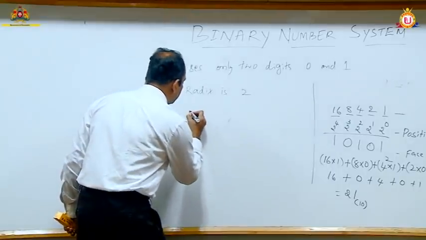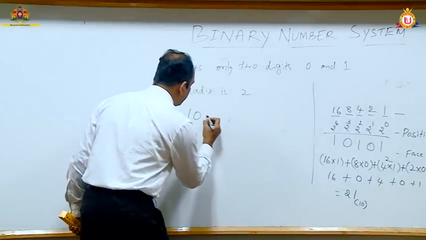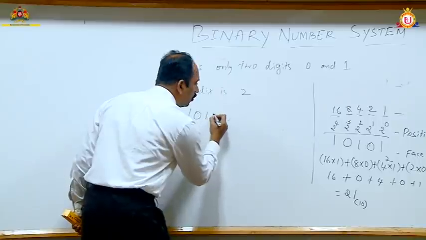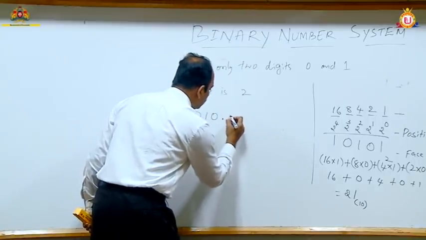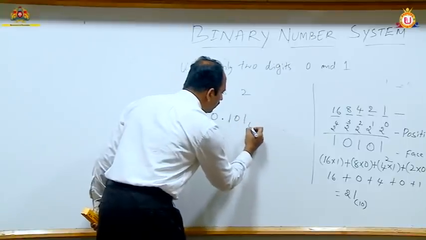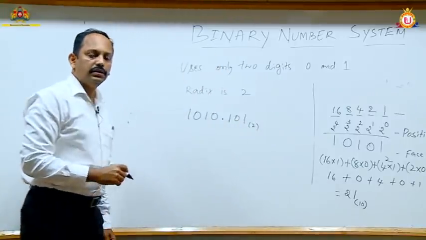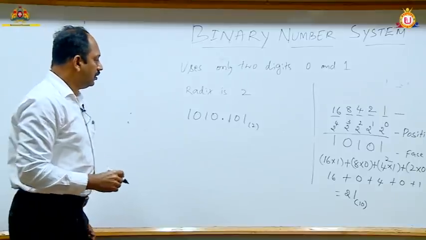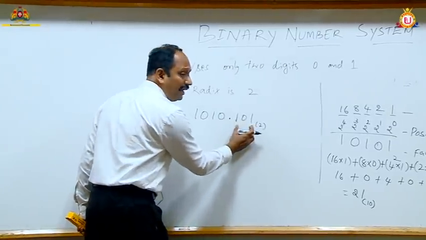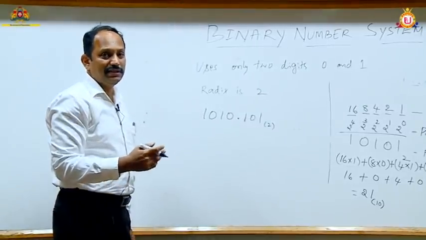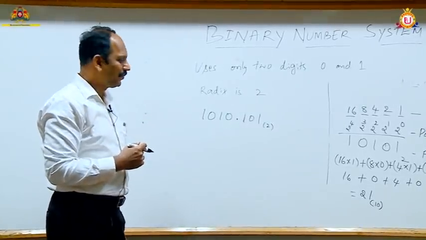Now, the number is 1010 dot 101 is the value. Now, you have to take the integral part separately and the fractional part separately to decide the final value.